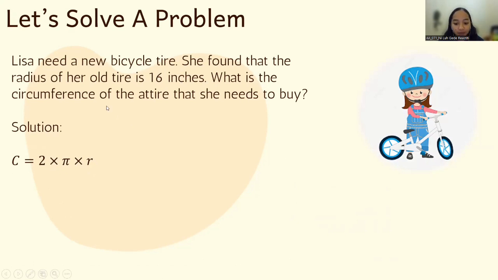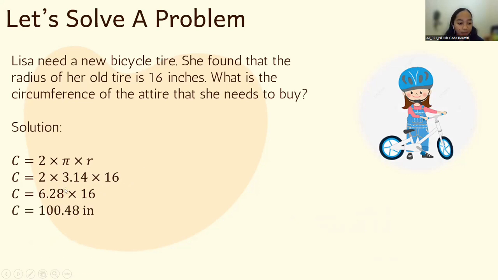We have C equals 2 times 3.14 times 16. 3.14 is the value of pi, and 16 is the radius of this bicycle tire. Let's continue. C equals 6.28 times 16, and we have C equals 148 inches. Therefore, the circumference of the tire is 148 inches.